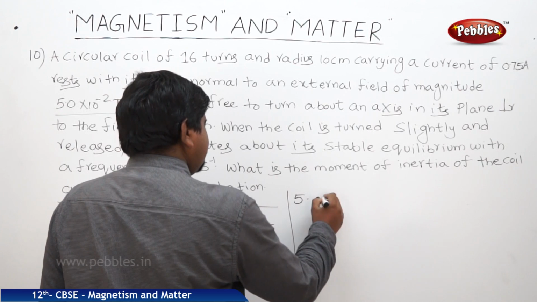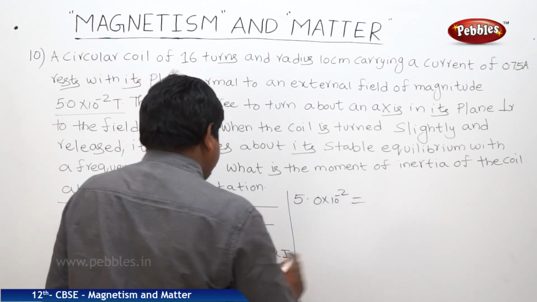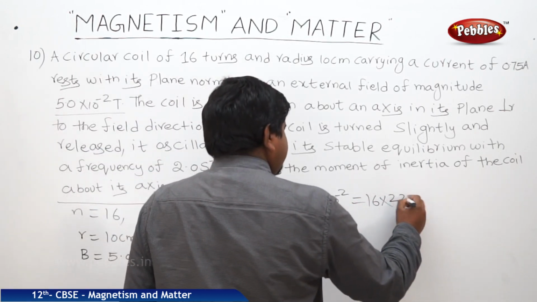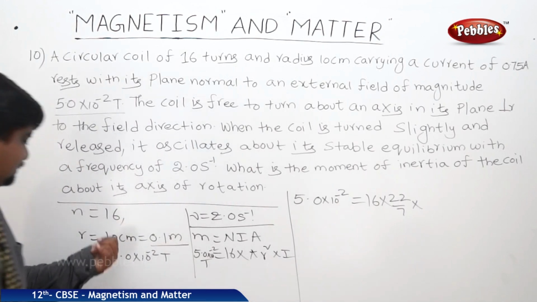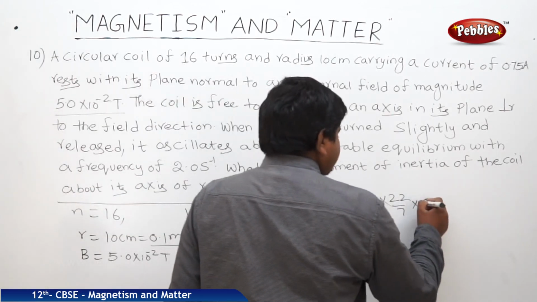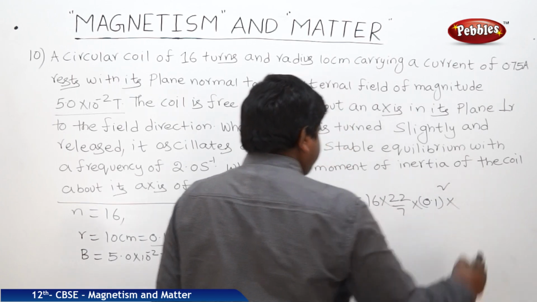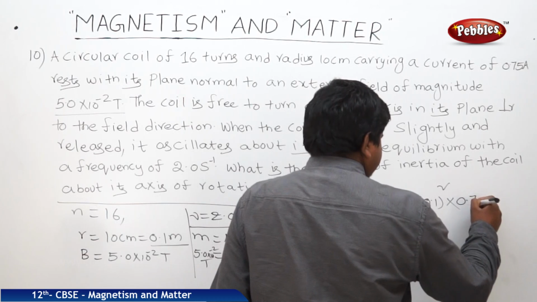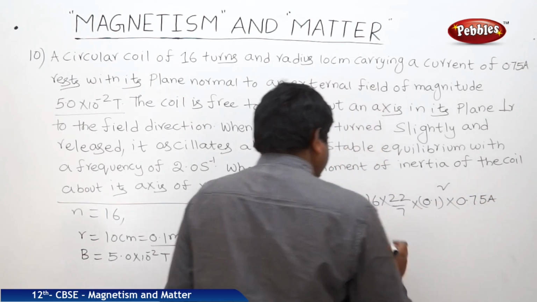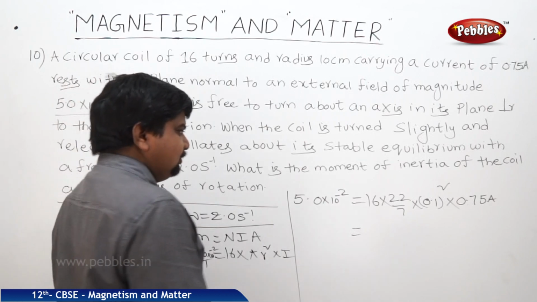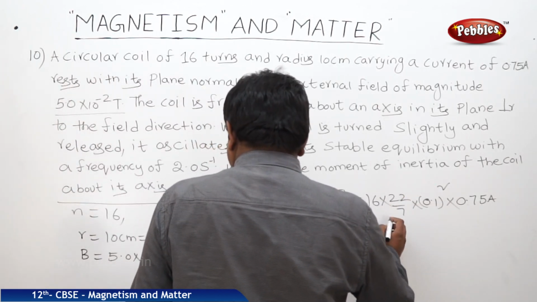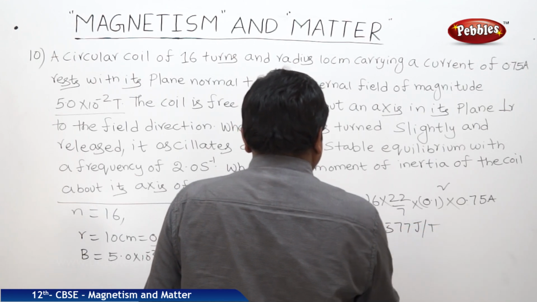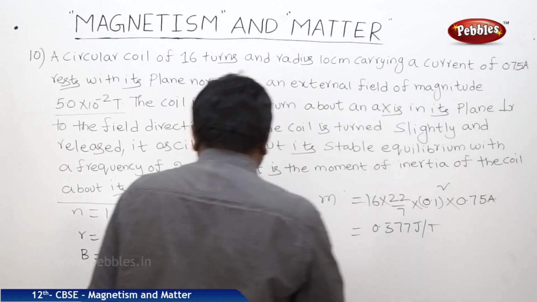So 16 into pi, which is 22 by 7, the radius is 0.1 meter, so r square means 0.1 square, and I is the current 0.75 amperes. If we do the calculation, we will get 0.377 joules per Tesla. This is M only.